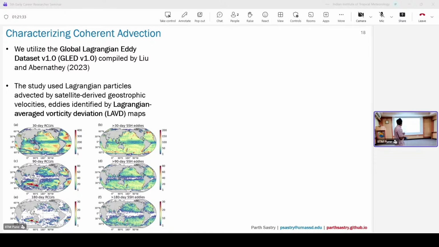And then essentially what they did was they looked at how these particles were clustering and how many of these particles were staying together coherently inside eddies, and those define what your rotationally coherent Lagrangian vortices, or RCLVs, are. The generation of these RCLVs is much different from what you would typically observe through satellite altimetry. Through SSH, you typically see a lot of eddies near the Gulf Stream, the Kuroshio, and the ACC.